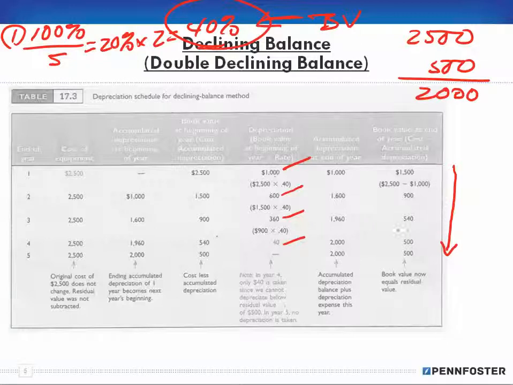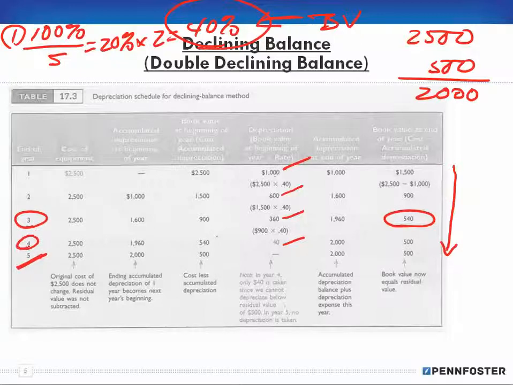Notice here that our book value is 540, and this is in year 3. It's not year 5, it's only year 3.